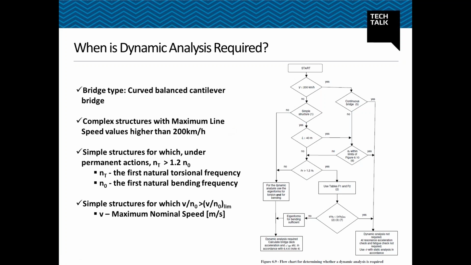And also, we are interested in the vibration properties of the structure, by comparing the natural torsional frequency of the structure and the natural bending frequency of the structure. This relationship can also be used to determine whether dynamic analysis is required. And lastly, the maximum nominal speed can also be used to determine whether the dynamic analysis should be considered or not.